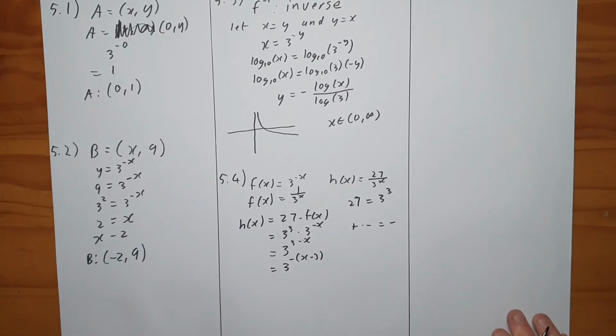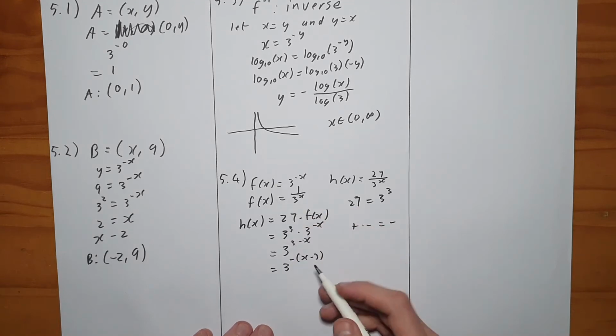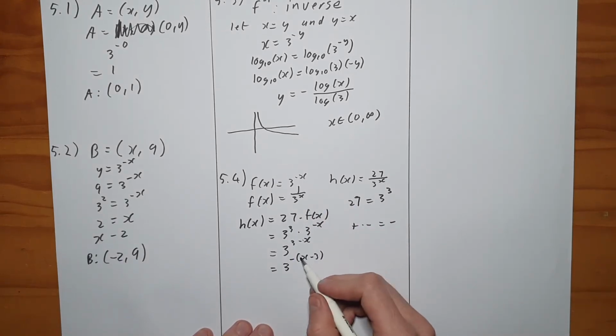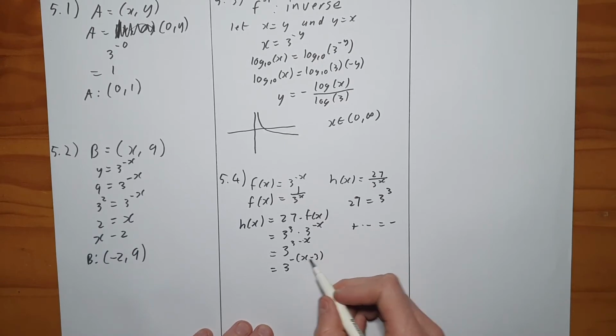Now that we have that, we can describe the translation that has taken place. Remember from our rules of functions, if I have x minus or plus something in a bracket, we're looking at how the x values have shifted.